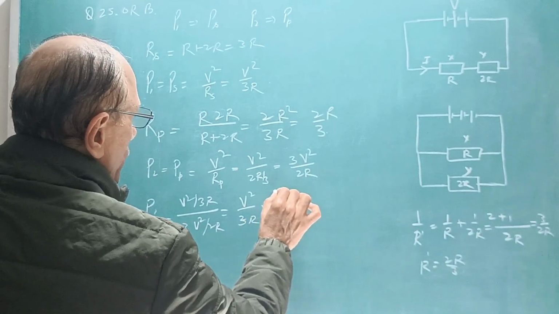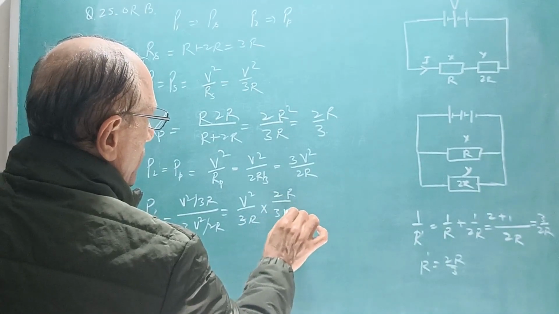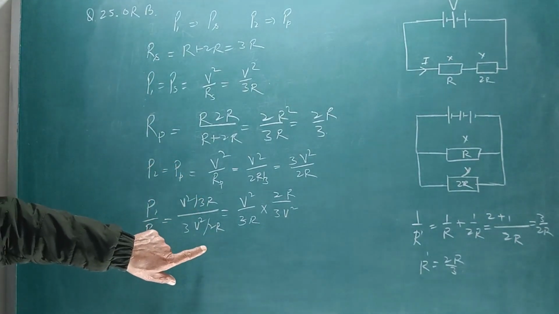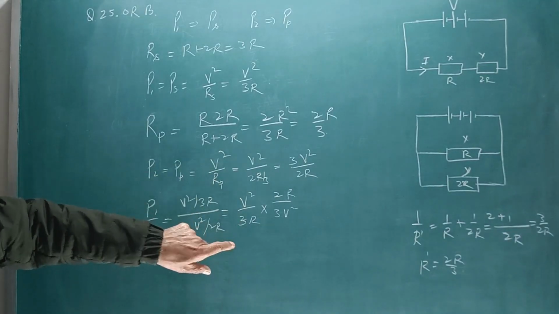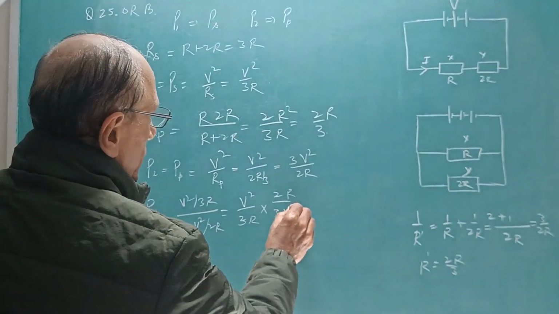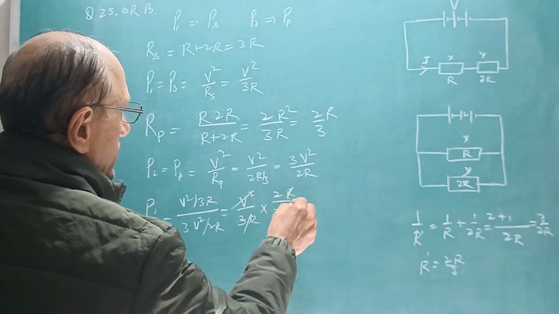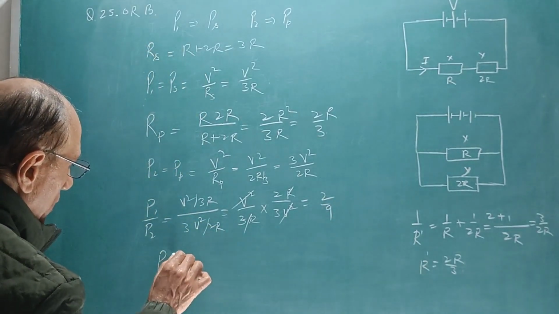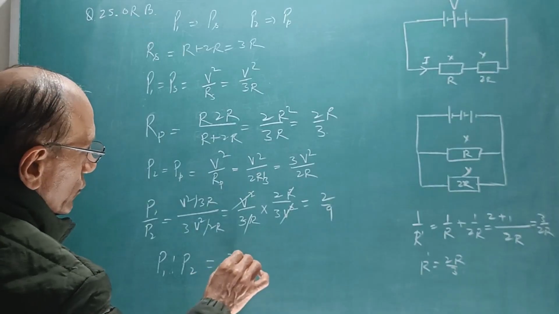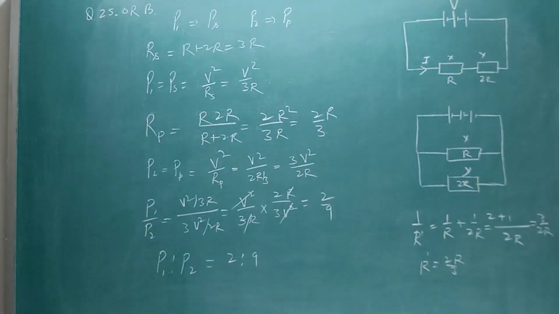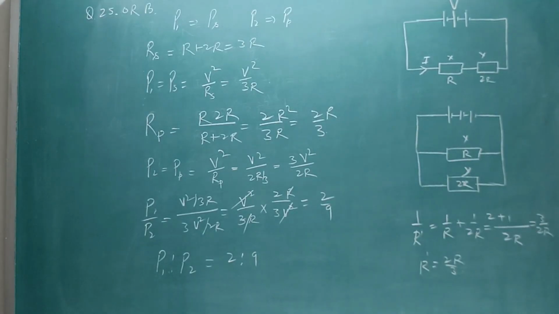So just reversing them, you will get 2R upon 3V square. V square by 3R and 3V square upon 2R, so we reverse it and get 2R by 3V square. So this V square will cancel out, this R will cancel out, and you will get 2 by 9. So P1 ratio P2 will be equal to 2 ratio 9.